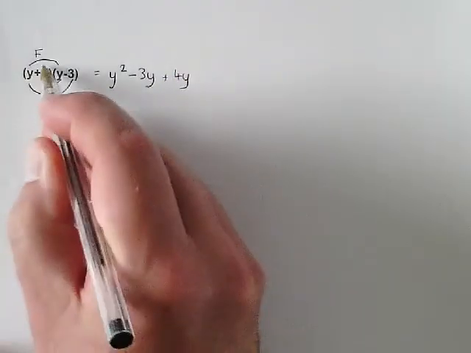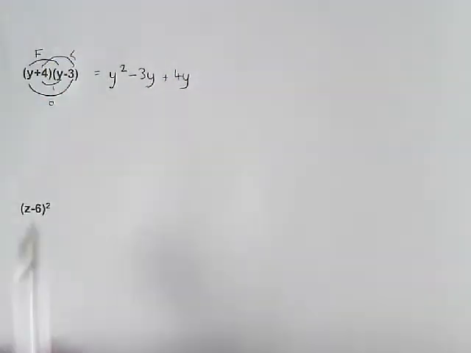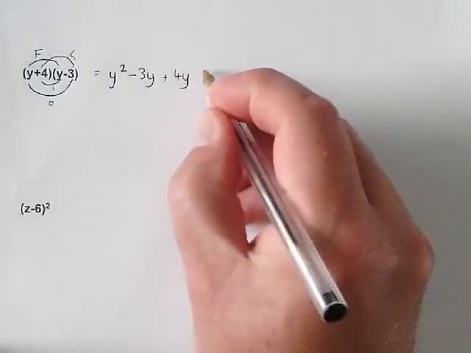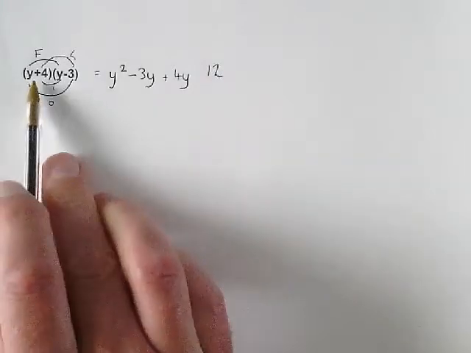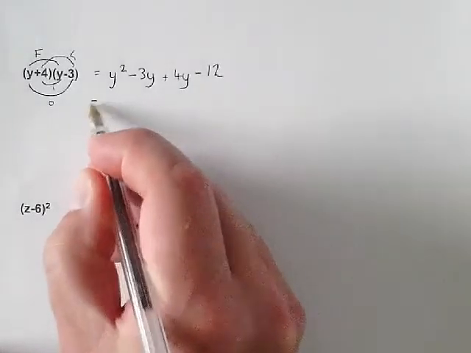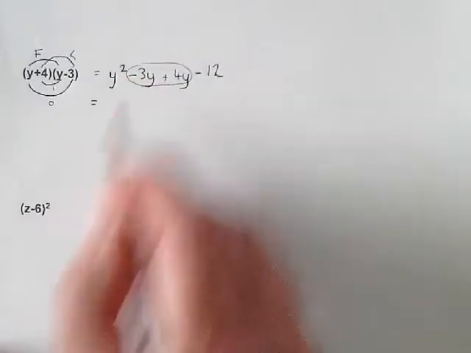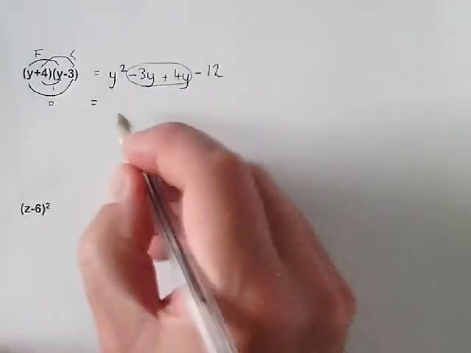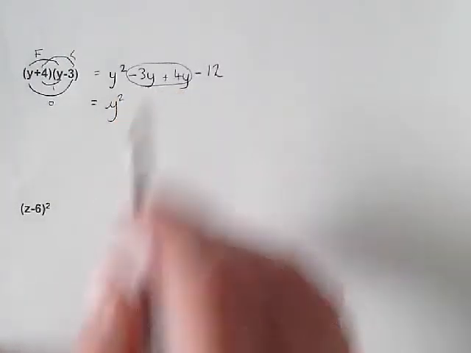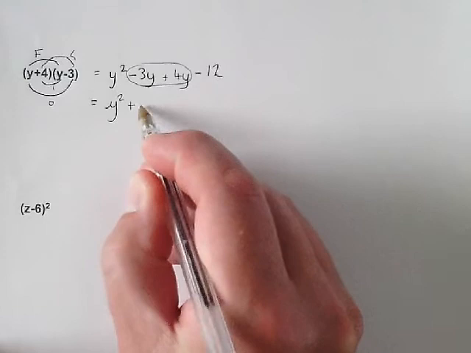And finally, the last pair is the plus 4 times minus 3. Now be careful here, 4 threes is 12, but a plus times a minus is going to give us minus 12. And when we simplify the two y terms in the middle, just be careful, if we start with minus 3 and add 4 onto it, we go above 0 and we end up at plus 1y.